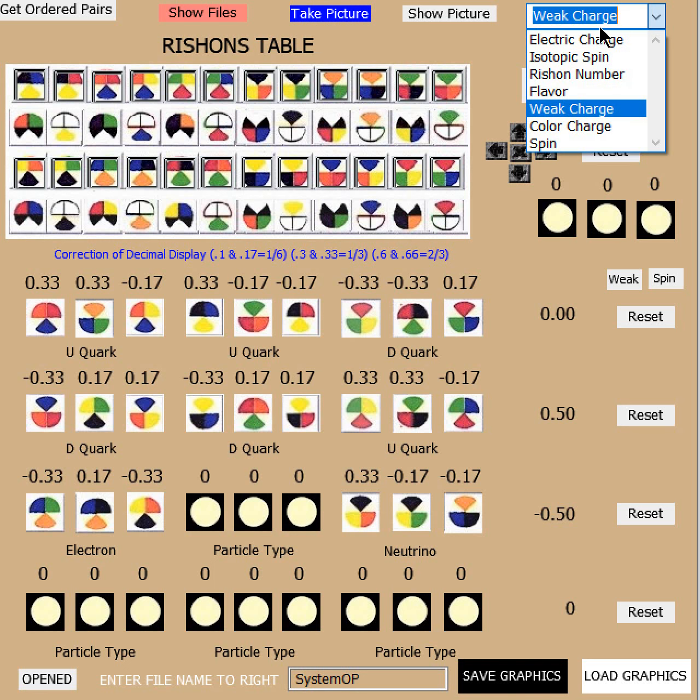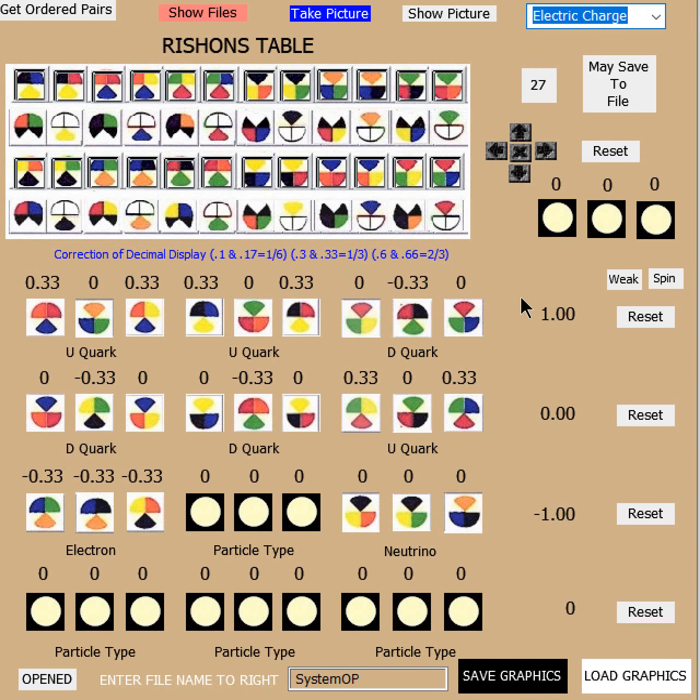Actually, I have to change the electric charge. We have the electric charge here now. The electric charge is 1/3 displayed above the T Rishon, because T, 1, divided by 3 is 1/3. Down here, the T for the V generic Rishon was assigned 0.